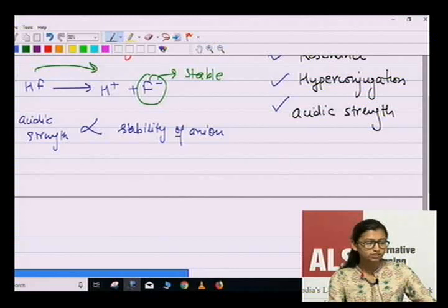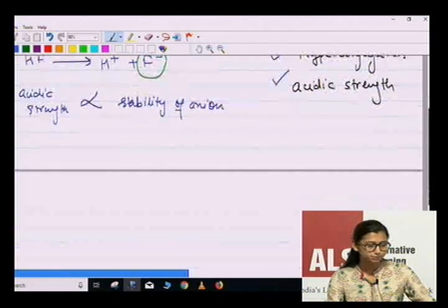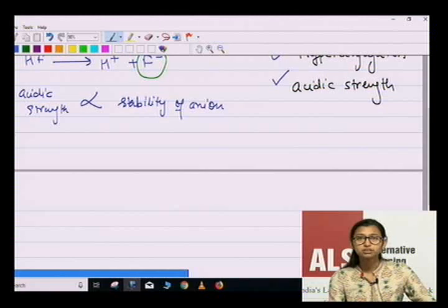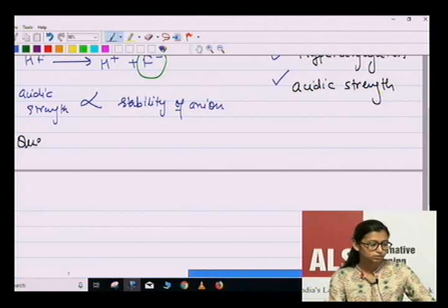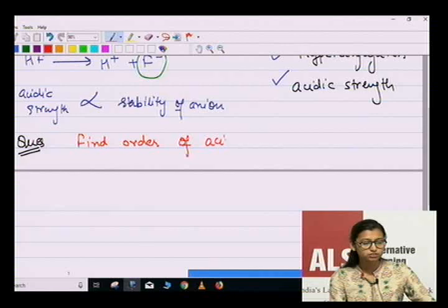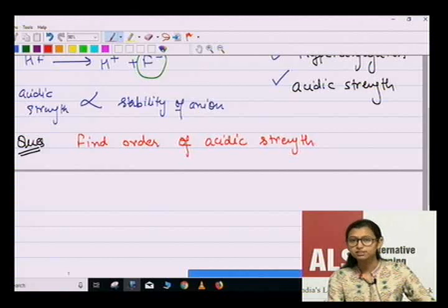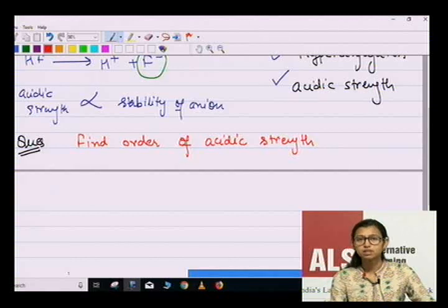Alright, CC Center, I hope you are getting it, right? Let's do one question, you will get the idea, okay? Everyone just do this question, which will be, you have to find the order, like the questions we were doing in the last class, okay? Find the order of the acidic strength. Either I can write acidic strength, or I can write acidity, both are the same things, okay? Or if I want to write the Ka order, that is also the same thing, okay?